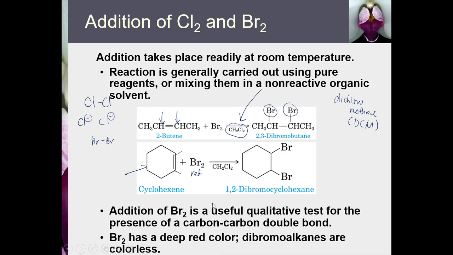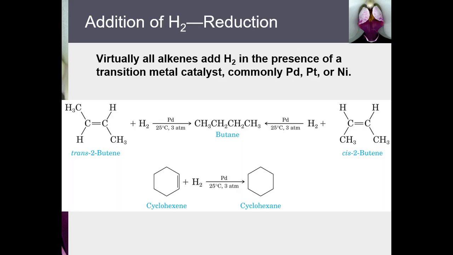I will be giving you a video in a separate instruction, an example of this bromination reaction, reacting with an alkene. So it can be used for a qualitative test.